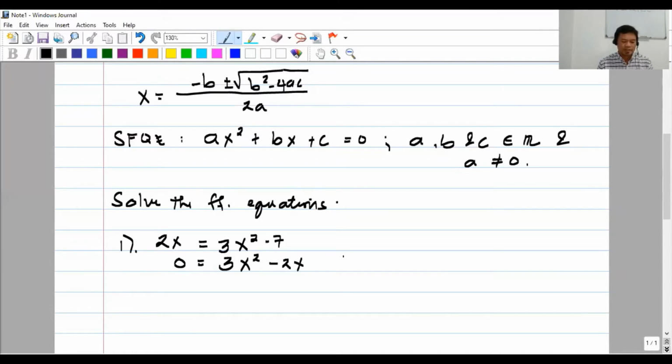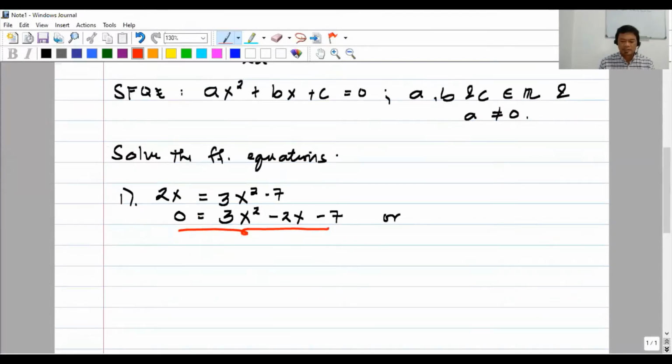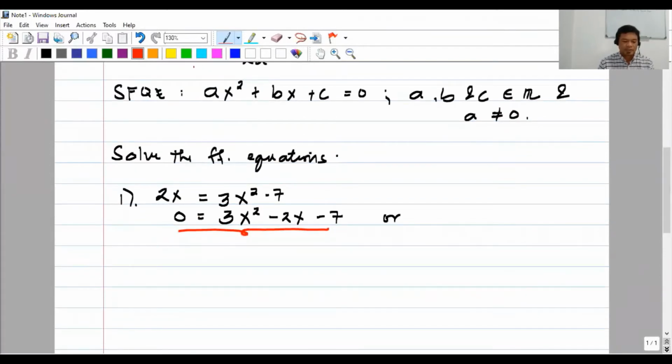So we have 3x squared minus 2x minus 7 equals 0.